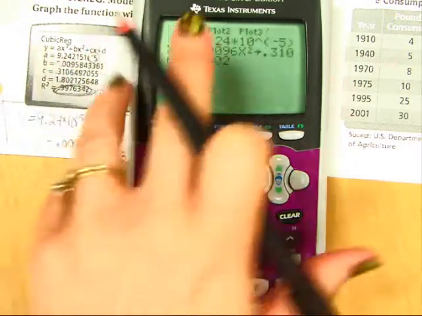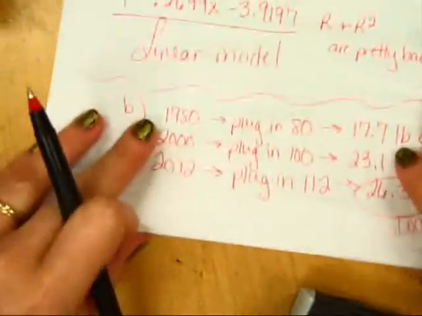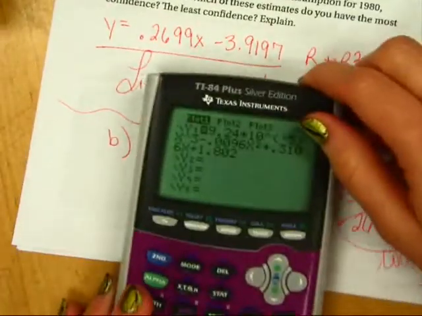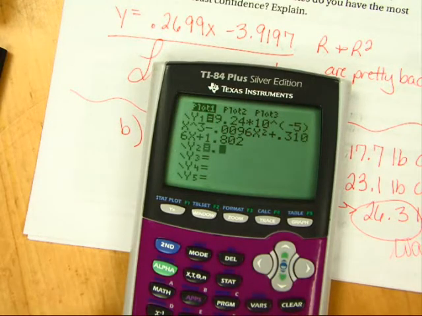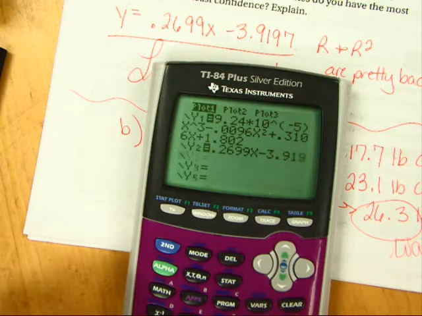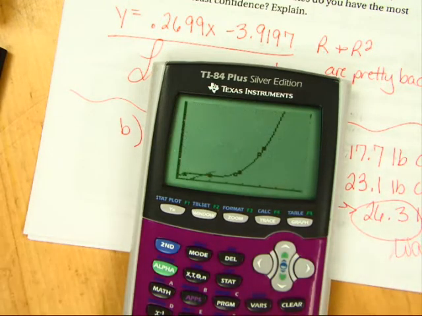Now what I'm going to do is get the other equation that we had on the back of the page, the linear equation, and I want to show you how this one is really a poor representation of our dots. So we'll go down to y2, 0.2699x minus 3.9197, and now take a look at that, and you can see that the line really does not go through those dots very well.